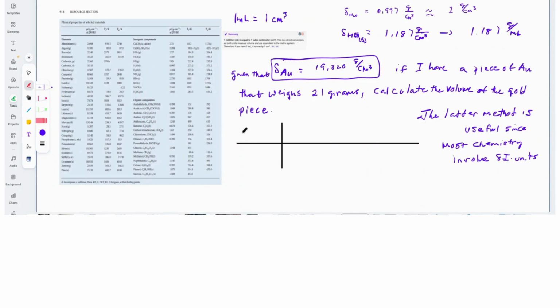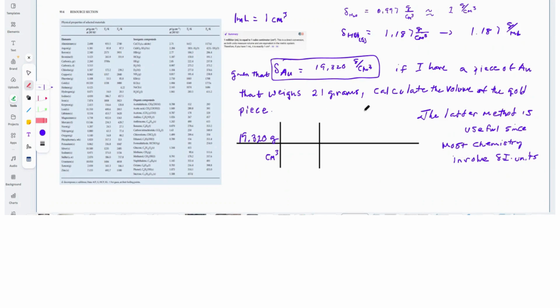So then if we start with 19.3 grams per centimeter cubed. Okay, so this I already messed up. We put the grams in the top and we put the centimeters cubed in the bottom like that. You follow me? Yep. And so now, I said that we had what? We've got calculate the volume.